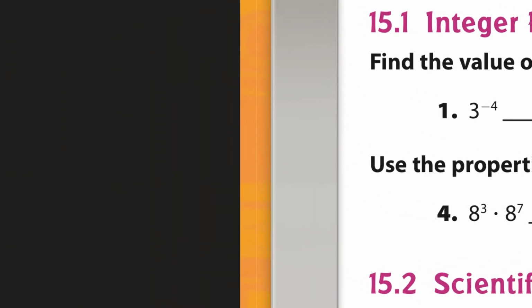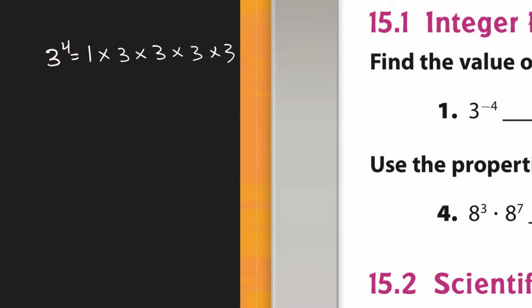Now, let me tell you real quick. If I have 3 to the fourth power, that is 3 times 3 times 3 times 3. Actually, let me back up a little bit and erase this. I think of it like this: 1 times 3 times 3 times 3 times 3.